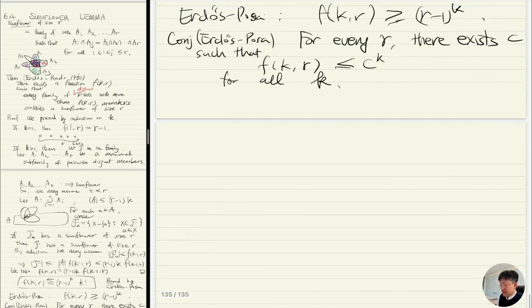So that's the conjecture, and so far there was some progress towards the conjecture, but not very much. This is still open, even for the case when r is 3.